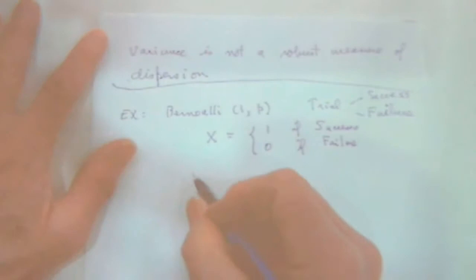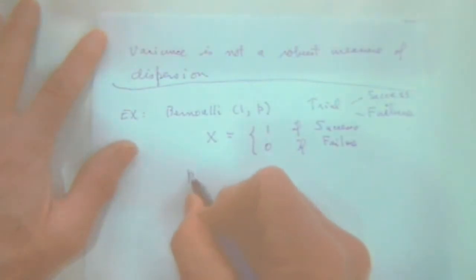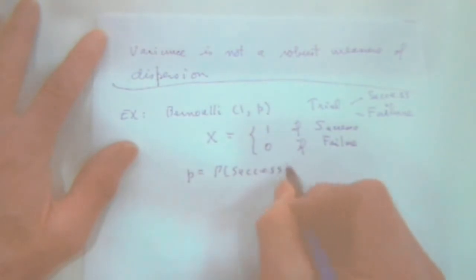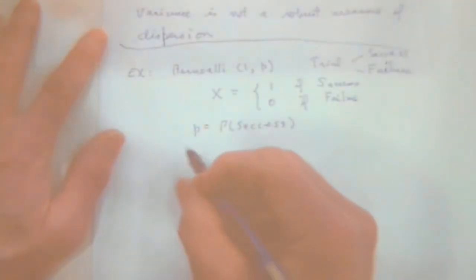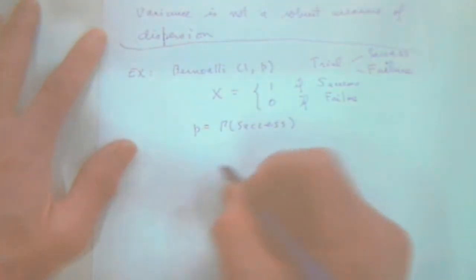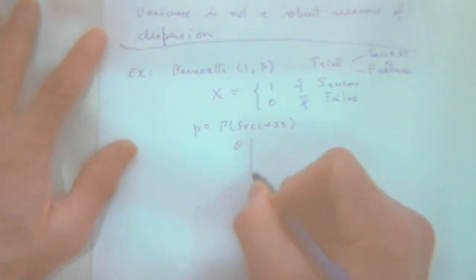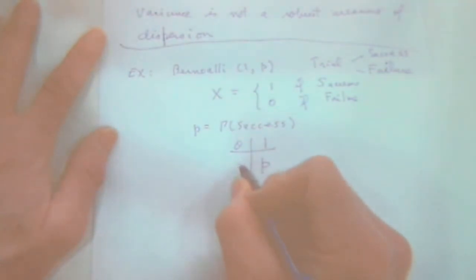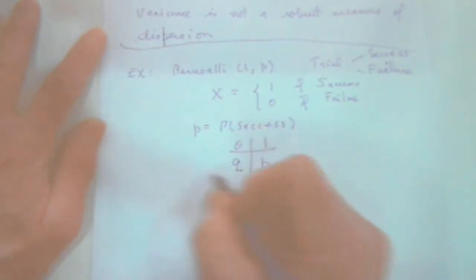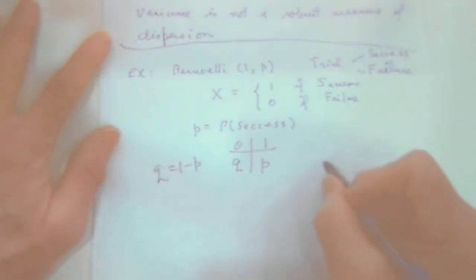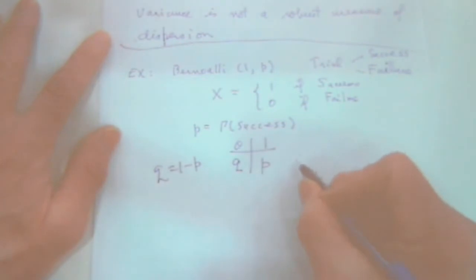Okay. So P is the probability of success. And the distribution of X is this. Now if we use Q here, Q is 1 minus P. It's not something new. Definitely P plus Q is equal to 1.